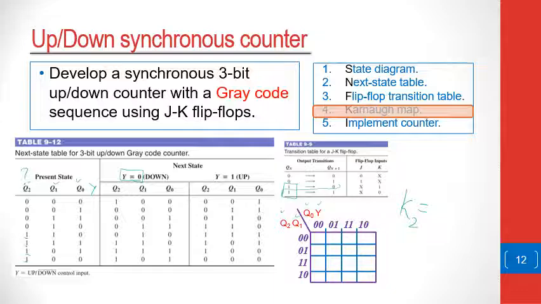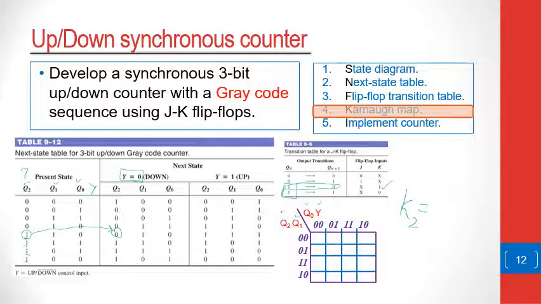So let's look at where we get the transition. If say there is a reset state here, the state changes from 1 to 0. When the state changes from 1 to 0, we know that the K input has to be 1. So let's look at that. In this instance, the state here changes from 1 to 0.